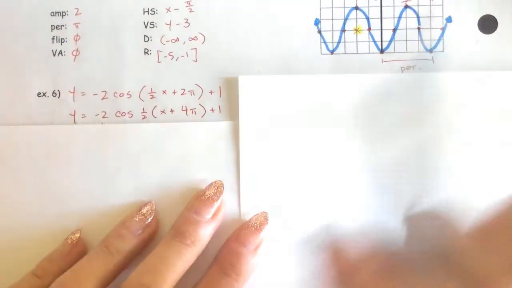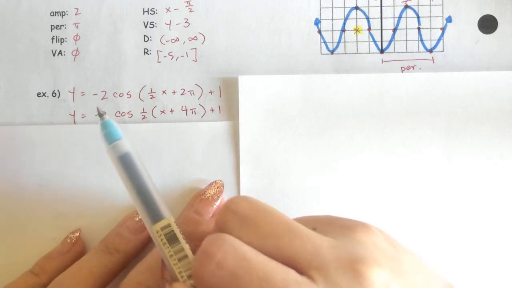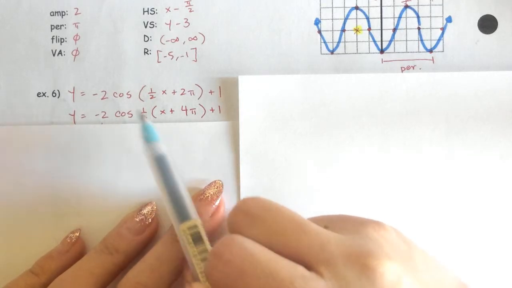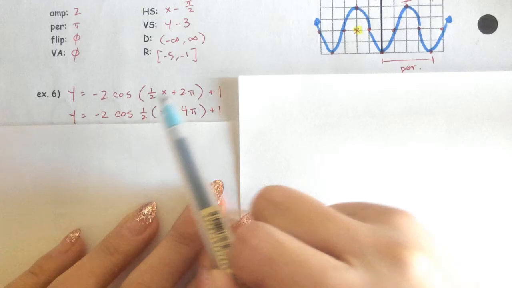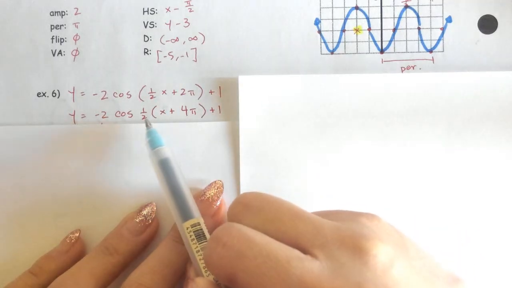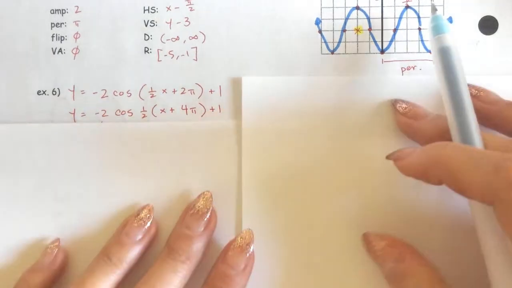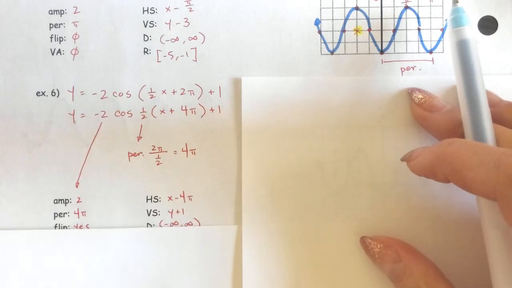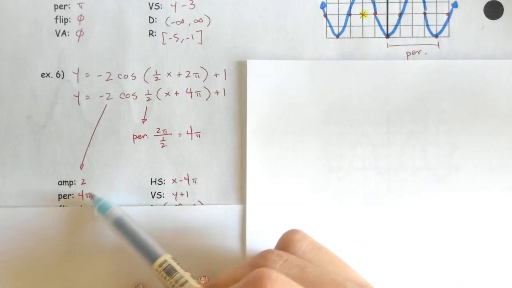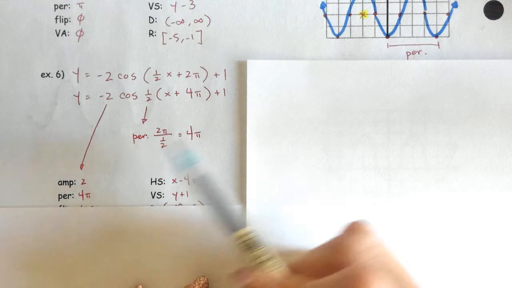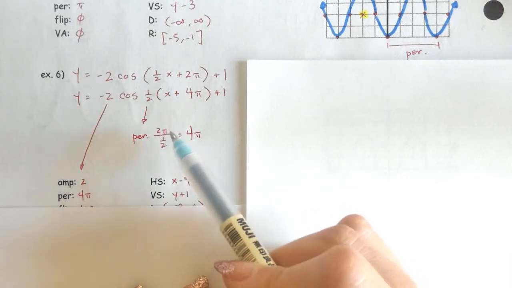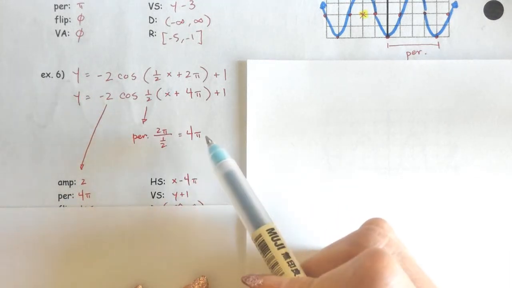Your amplitude is not -2. Your amplitude is 2. What is your period? Your period is 2 pi divided by 1/2. What's 2 pi divided by 1/2? It's 4 pi. So here's my amplitude. Here's my period. It comes from my formula, 2 pi divided by that number.